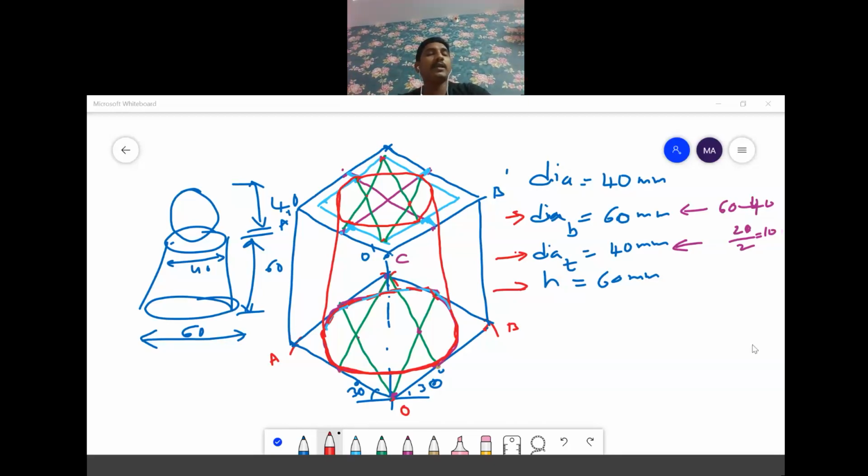If you make all these construction lines very light and the red lines very dark, then it will look like a three-dimensional solid of a frustum of a cone. Understand?